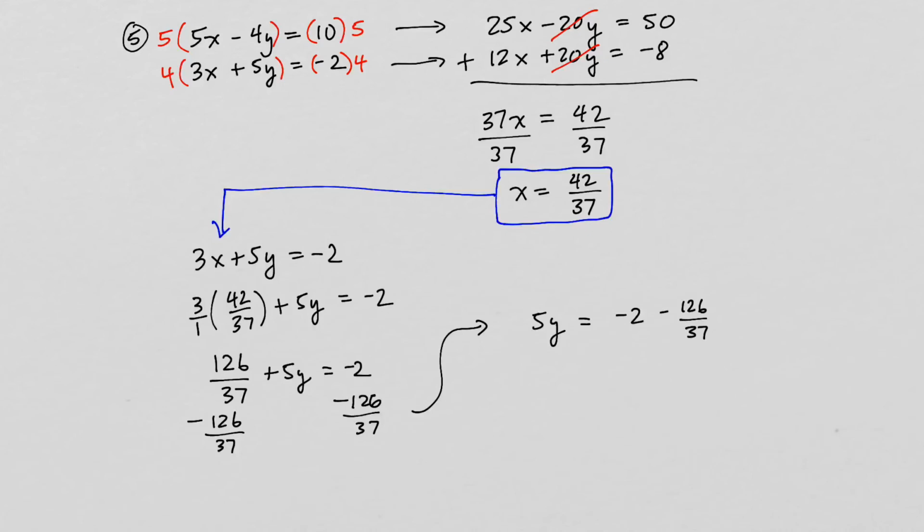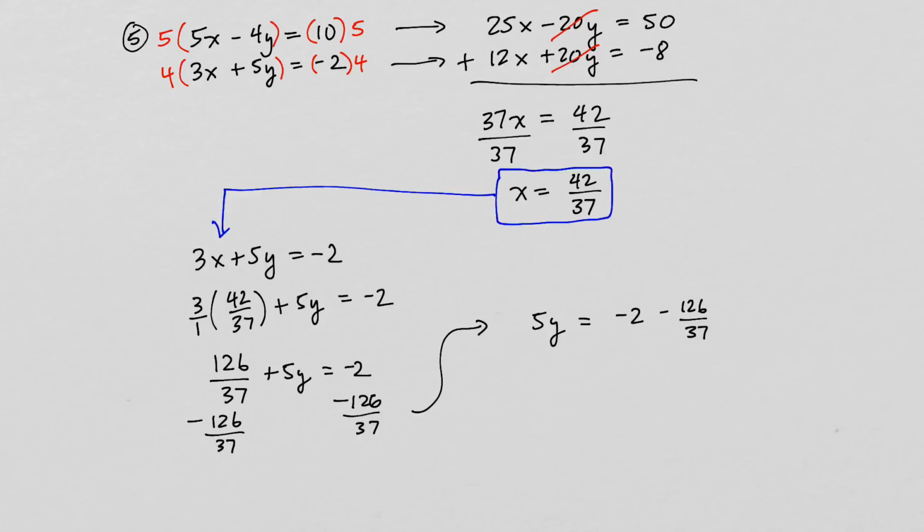Okay, so at this point you might be thinking, well, this is getting a little bit ridiculous. And I guess I would partially agree, but this is just arithmetic. And you can get a common denominator to subtract these numbers, or you can use a calculator. But whatever you do, keep your answer in fraction form. Try not to give a decimal equivalent because sometimes decimal answers are not exactly correct.